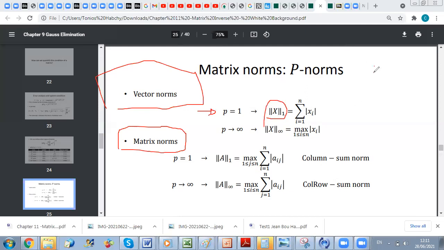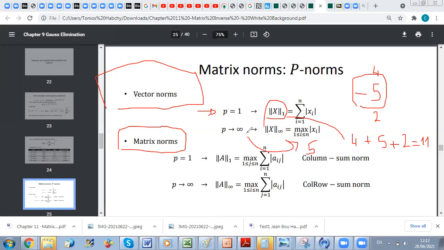So if we take, for example, the vector 4, minus 5, 2, then norm 1 will be 4 plus 5 plus 2 equals 11. And concerning p infinity, we take the maximum of the absolute values of these elements. So if we have 4, minus 5, 2, then in absolute value, minus 5 is the highest one. So p infinity will be equal to 5.